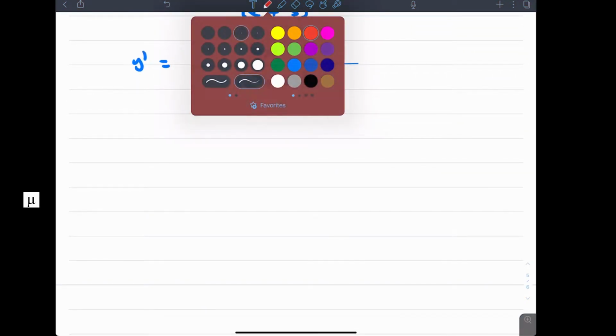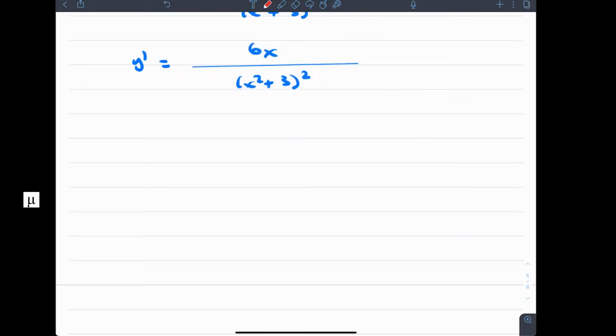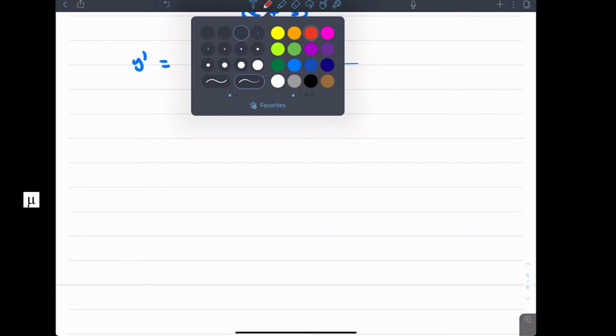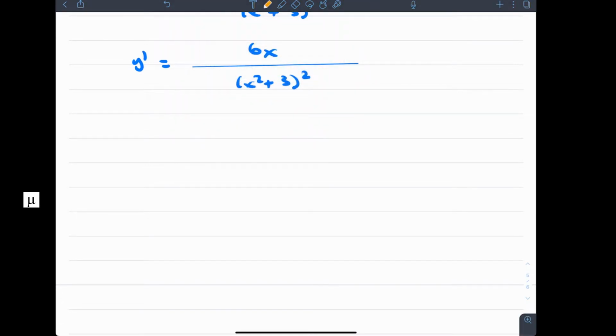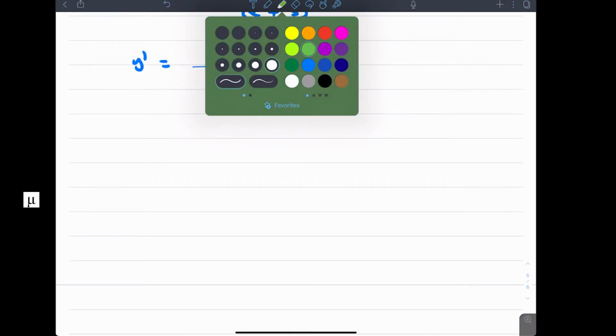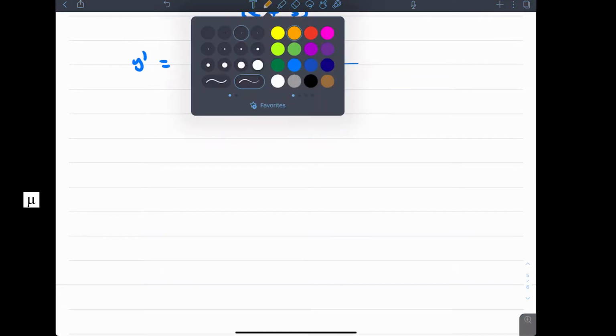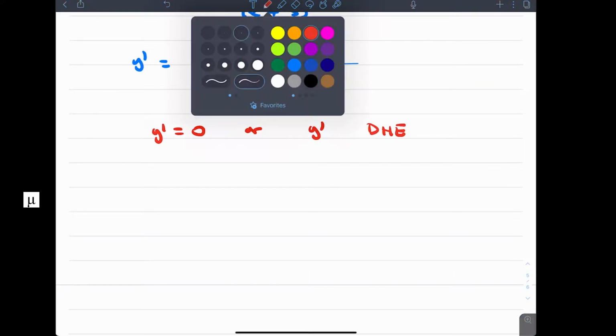What do we notice, ladies and gentlemen? You have a quotient. Is that right? So because you have a quotient, you're really finding those critical values. You say, what do you mean? You're trying to find when y prime is 0 or when y prime does not exist.